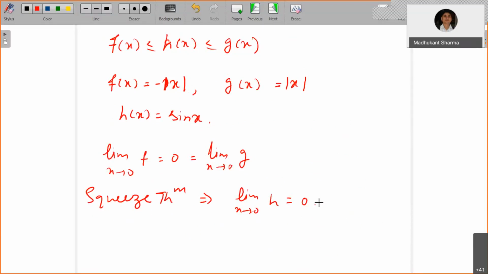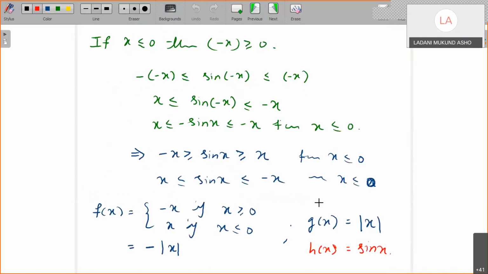Yes, sir, I have a doubt. In the previous slide, you have written in blue ink that minus x is greater than sine x, greater than x, for x greater than 0? No, for x less than or equal to 0.